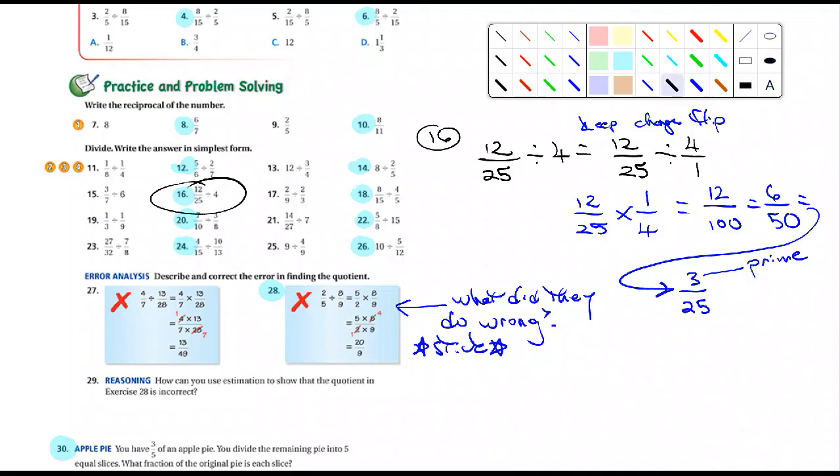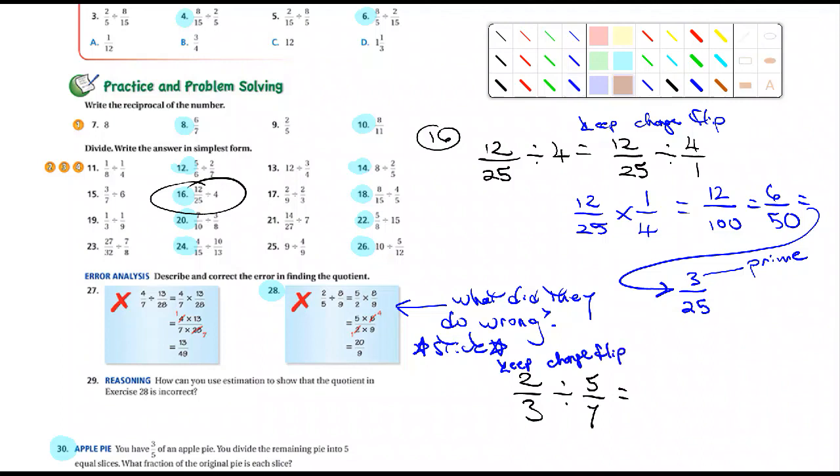So let me write, I'm going to show you one more. So let's say I had 2/3 divided by, let's say, 5/7. Okay, and so it's keep, change, and flip.